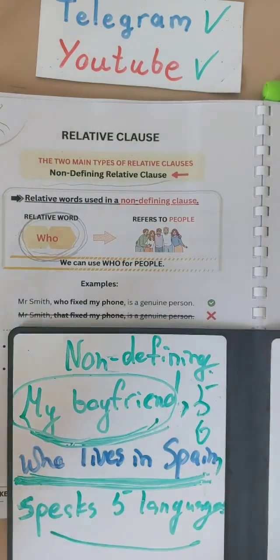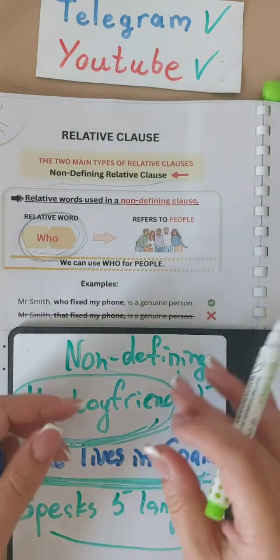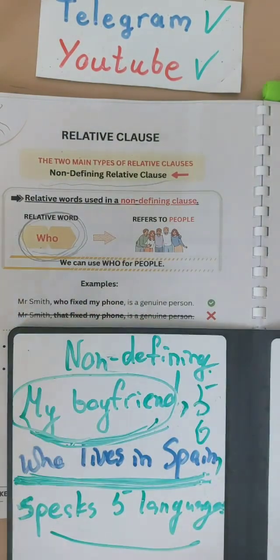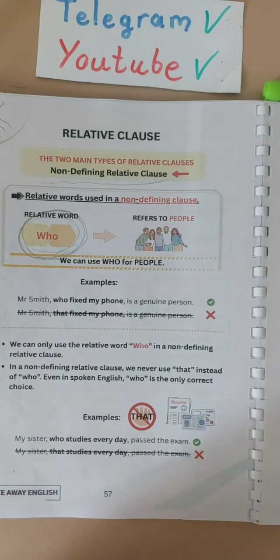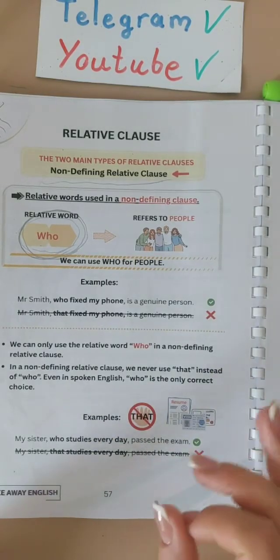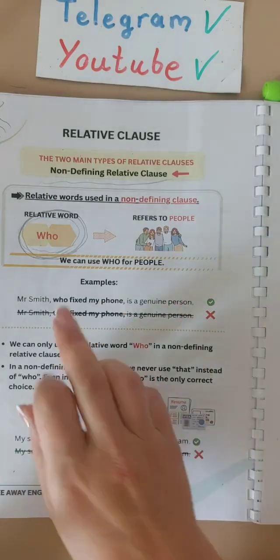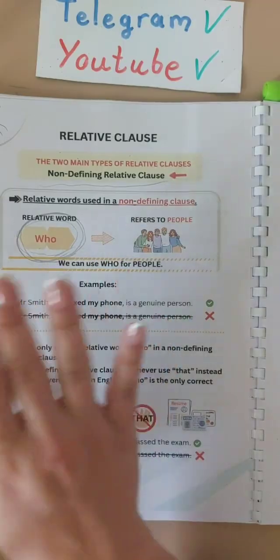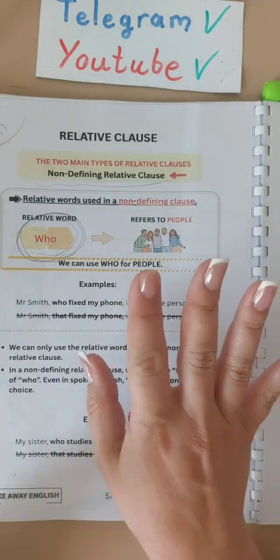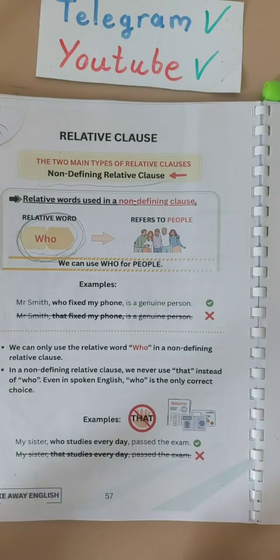When we talk about people, we use who, that's it. No zero relative pronoun, no that. We cannot replace who with that. We cannot use zero relative, okay? When we provide extra information, more details about the person, we need who or whom. No zero relative pronoun, okay?